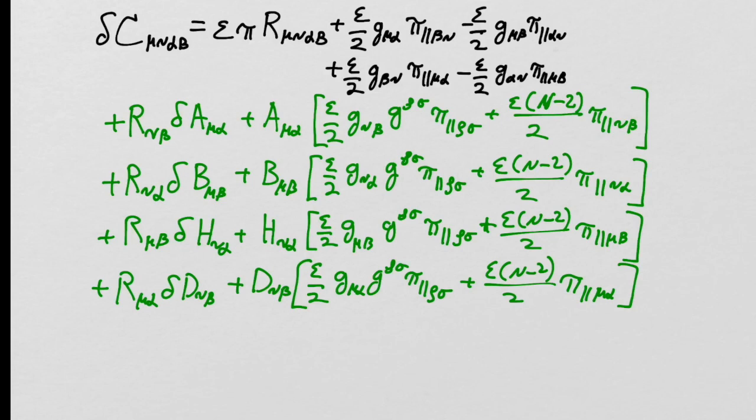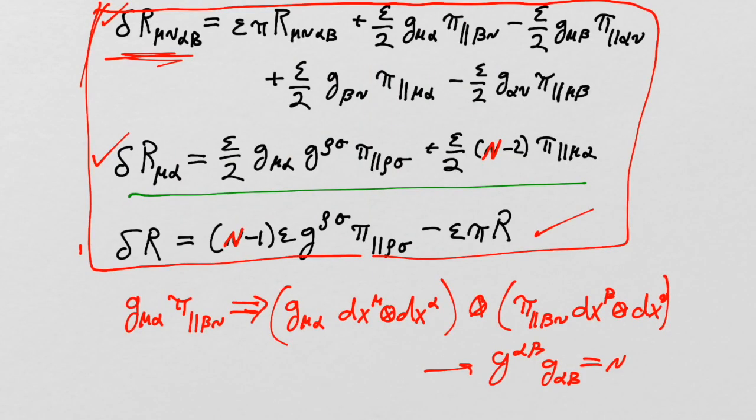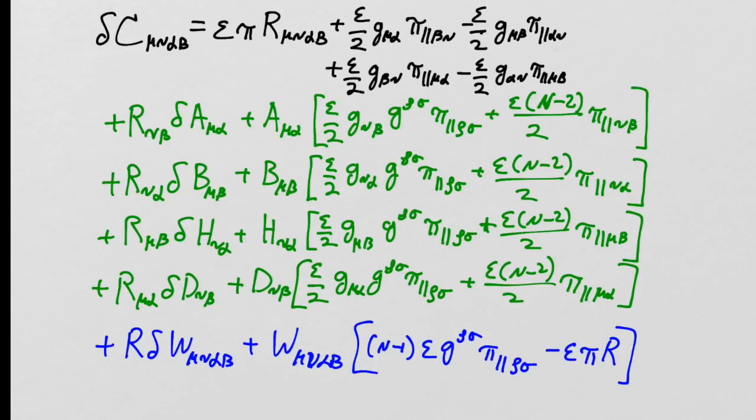So the last line we need is going to be the line involving the variation of this last tensor, this 0,4 tensor, right? And this will be mu nu alpha beta. And then in here, I need to put in, the final step is to put in this guy. And there we have it.